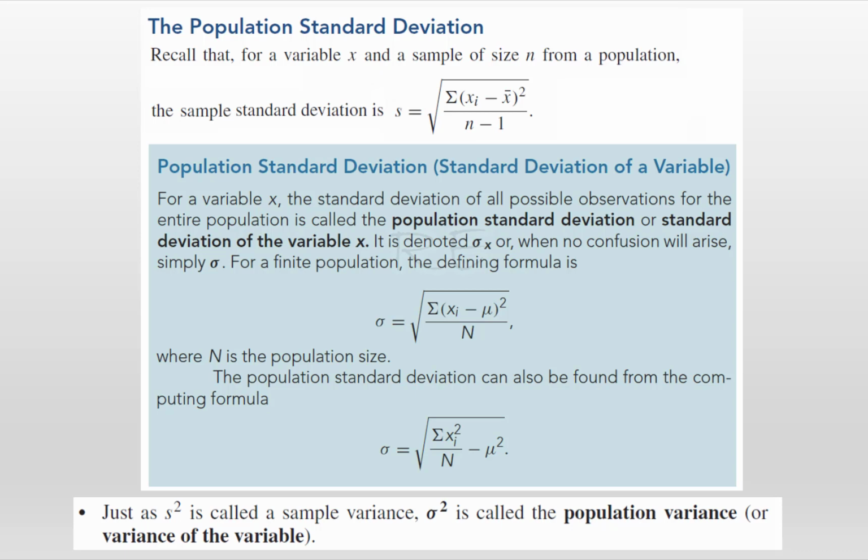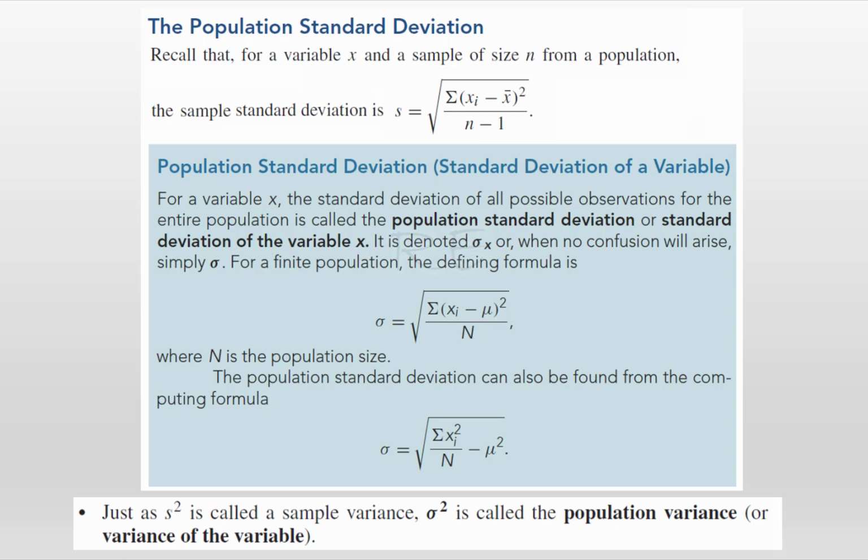Remember we said that n minus 1 deals with the degrees of freedom. Now, for the population standard deviation, it's exactly the same formula, but we divide by n, and because the population is extremely large, we don't have to worry about the degrees of freedom.